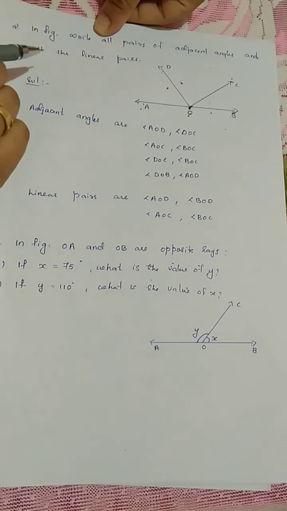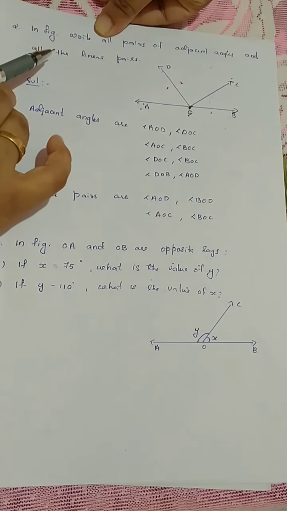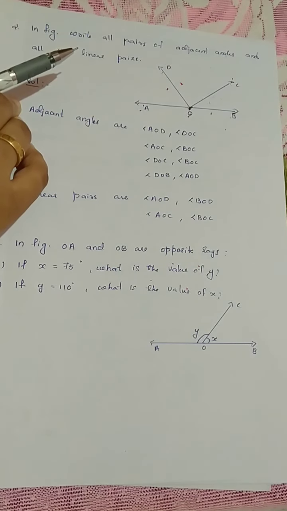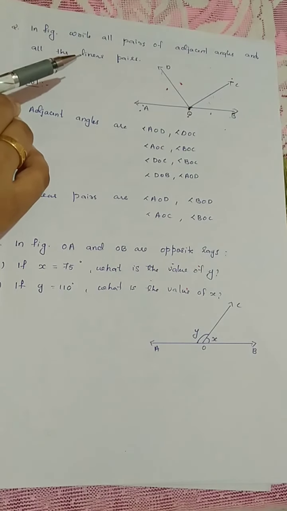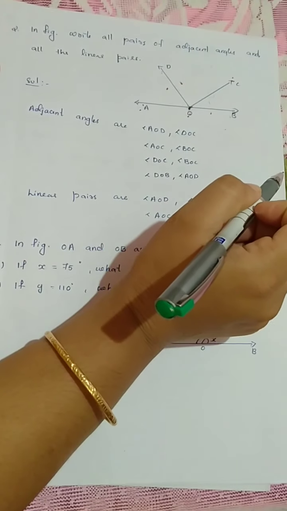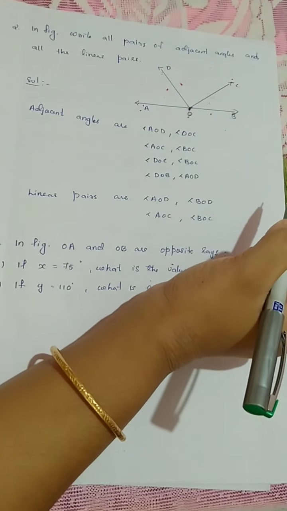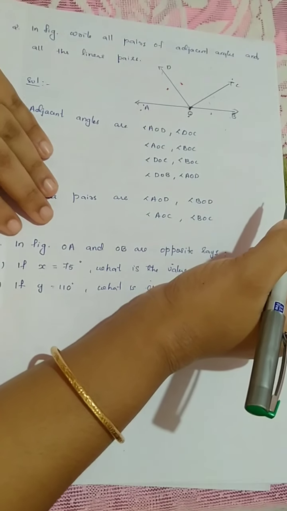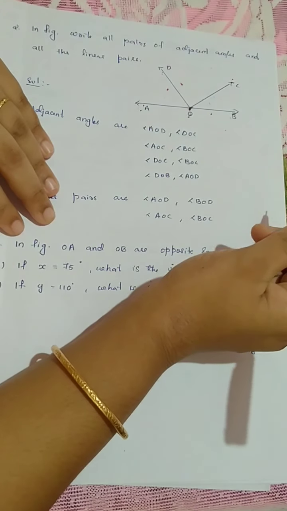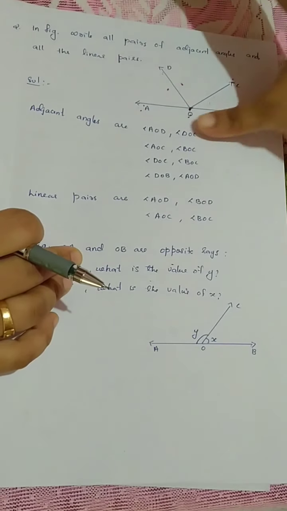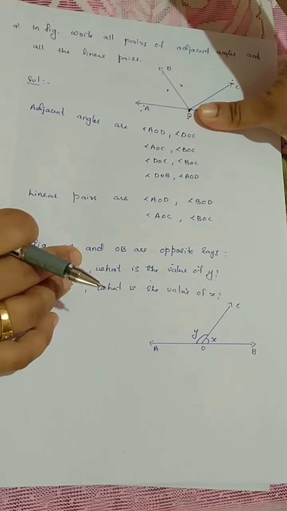In the figure, write all pairs of adjacent angles and all linear pairs. Here the figure is given. To check, write the pairs of adjacent angles and pairs of linear pairs. So first we are considering this figure.